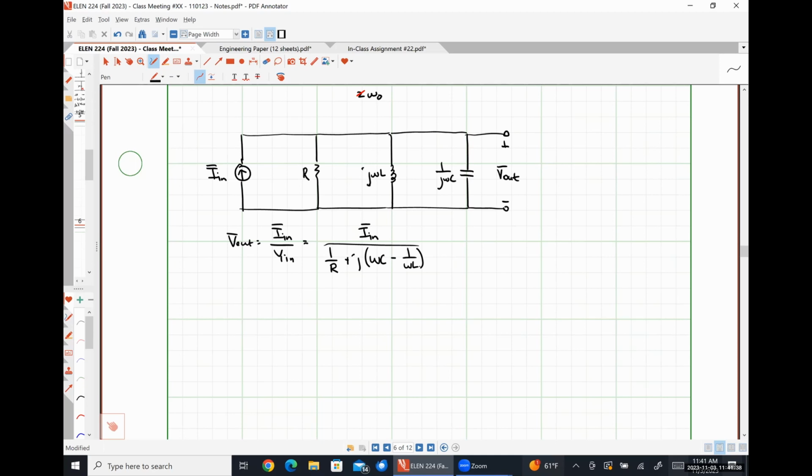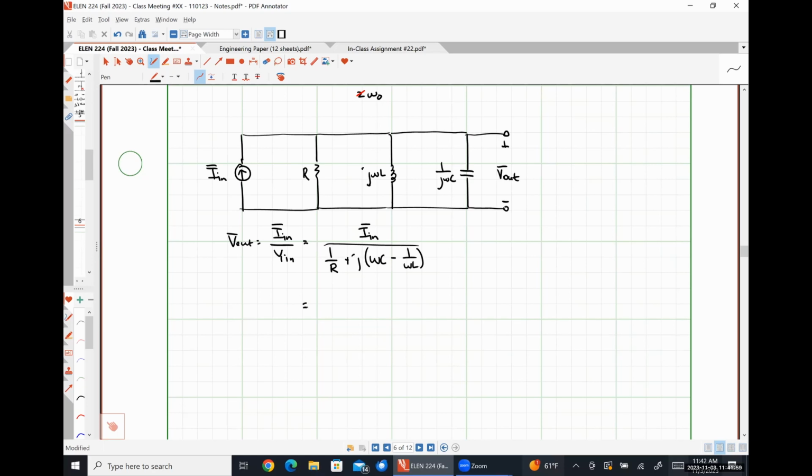Much like I did last time, I am going to multiply and divide the imaginary part of this by Q. One other thing that I'm going to do to get it into a form that's familiar is I'm going to multiply by R over R to get rid of this 1 over R bit here so that it looks pretty.